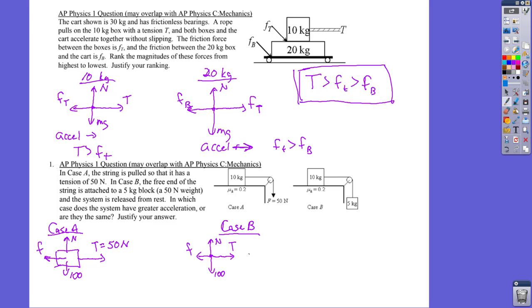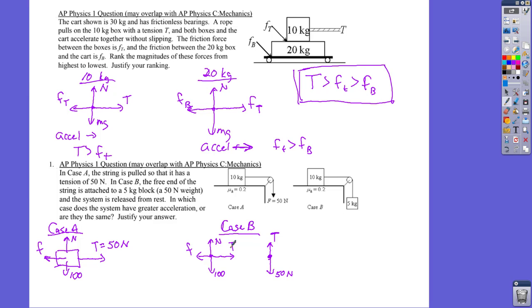So that is one thing, and then we have the other object here. That is going to be an mg equal to 50 newtons. But there's also a tension force, and remember these two tensions are definitely equal to each other. Okay, so let's reason through this.